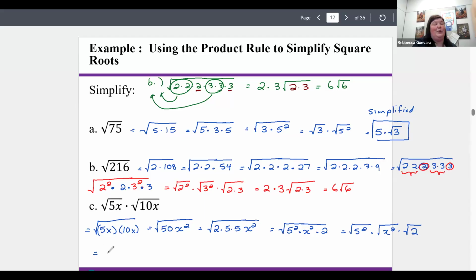So the square root of 5 squared is 5. Square root of x squared is absolute value of x. And then square root of 2. So typically what we like to do is we'll put the 5 and the square root of 2 next to each other, and then the variable we'll put at the end.